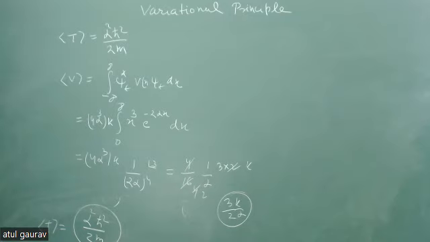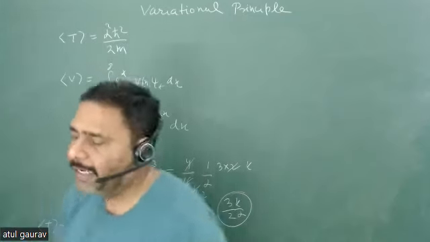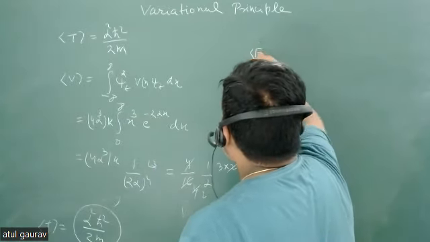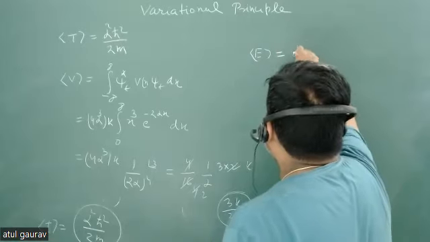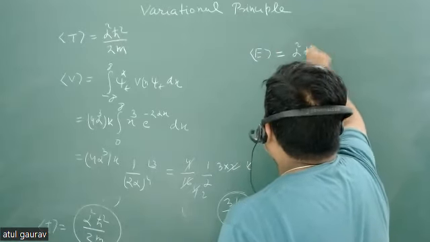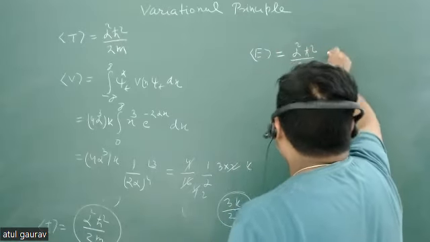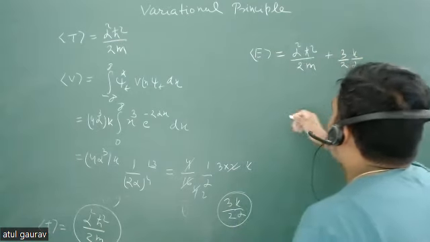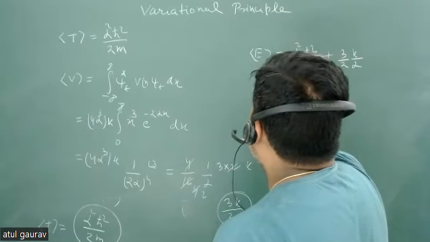Okay. So now let's try to go for using the variational principle. So now what do we have? We have the expectation value of energy. The expectation value of energy is alpha square h cut square upon 2m plus 3 by 2 k by alpha. Now what is the parameter here?